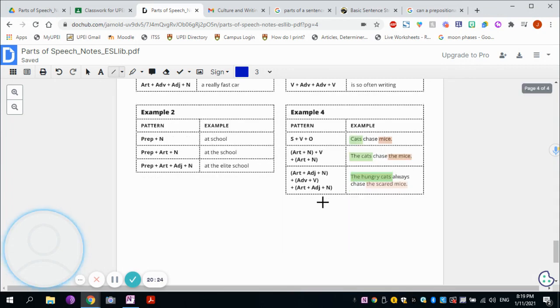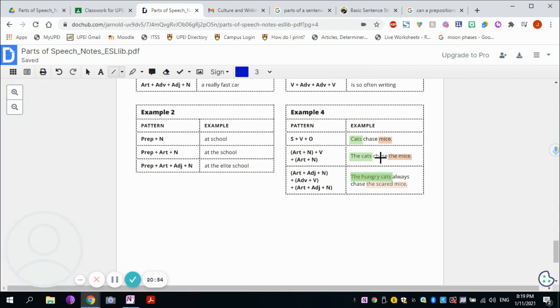And example 4. We have a very basic pattern here that you've seen before. Subject, verb, object. Cats chase mice. We can add an article to the noun in the subject. So we then have the cats. Okay, so this is the subject, but now it's made of 2 words, article and subject.